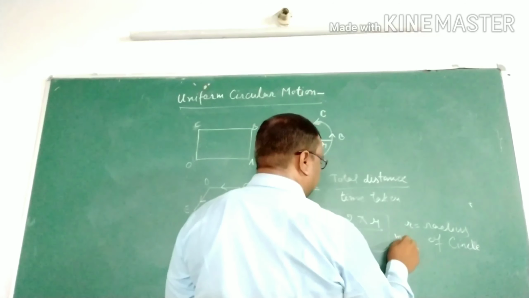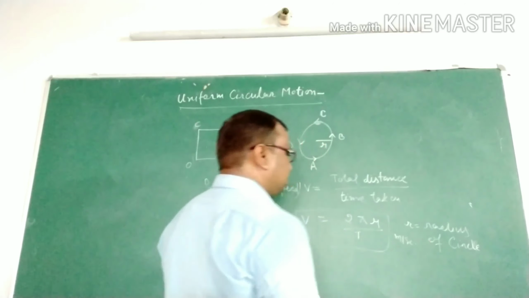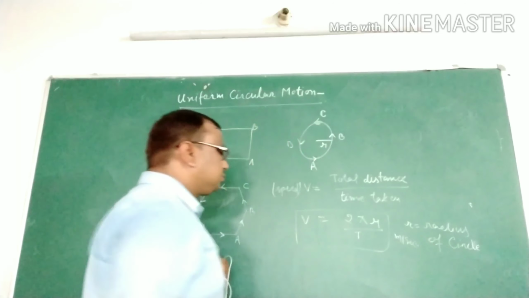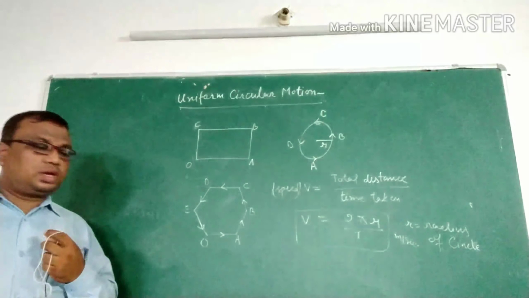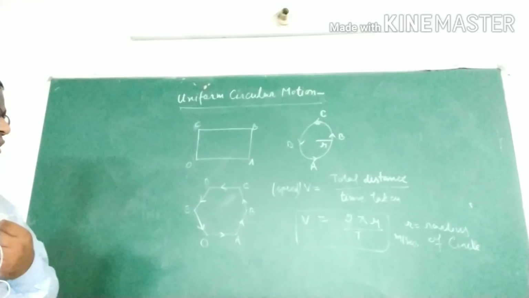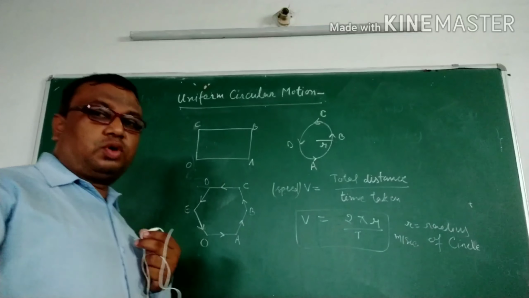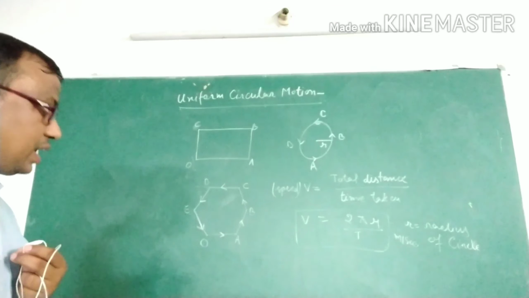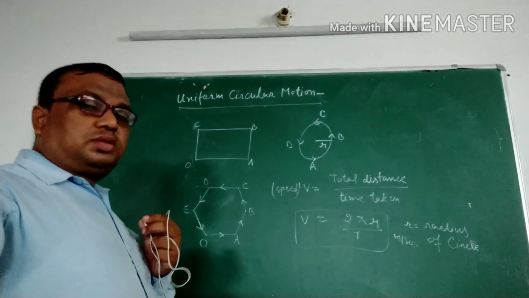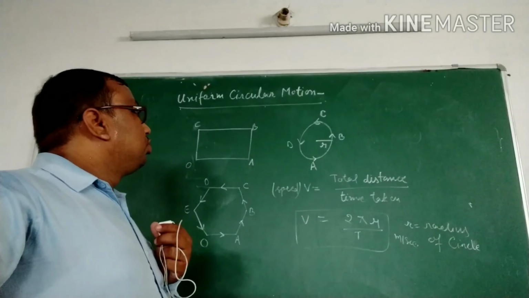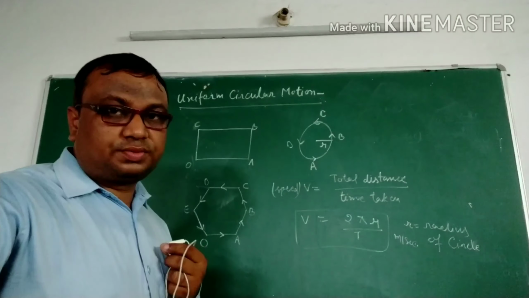It is in meter per second. Clear? So if an object follows a circular path, then its motion is uniform circular motion.